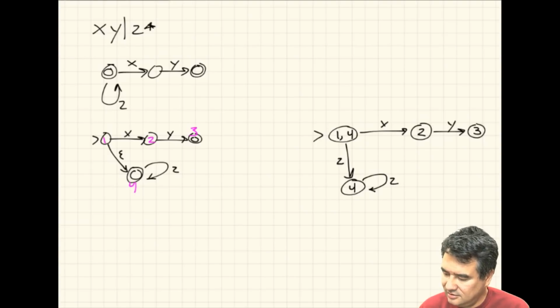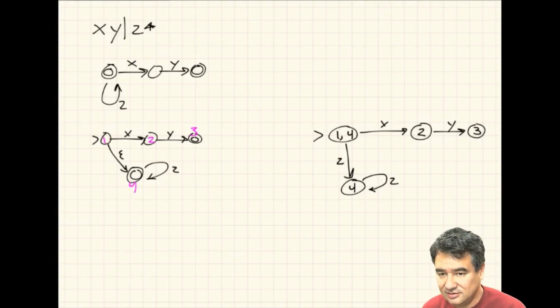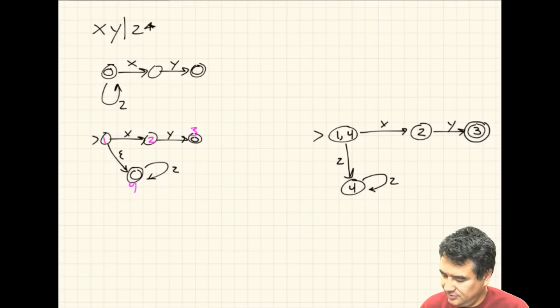Okay, and then same thing as before, all the accepting states out of the NFA become accepting states in the DFA if they have the same labels on the states. So the accepting states over here were 3 and 4. So anything with a 3 and a 4 over on the DFA side becomes accepting. So that's the one on the right, the one on the bottom, and the starting state.